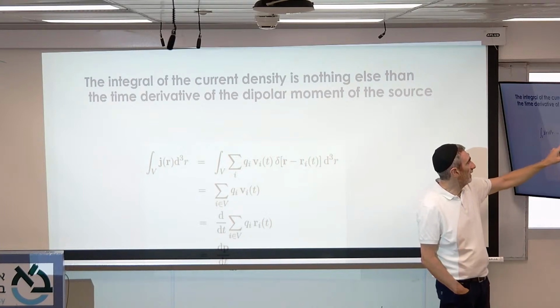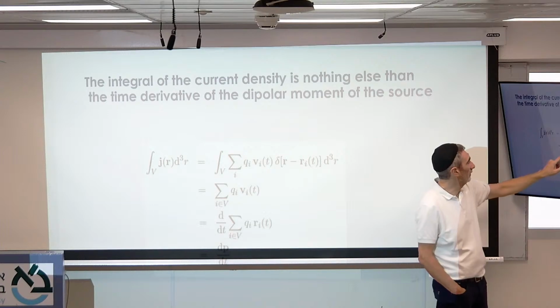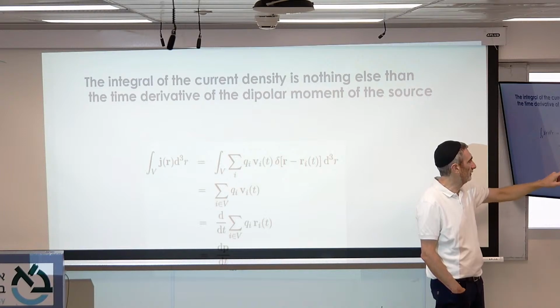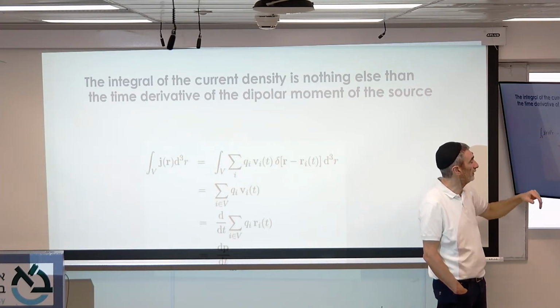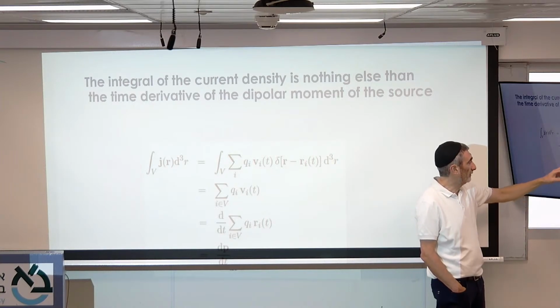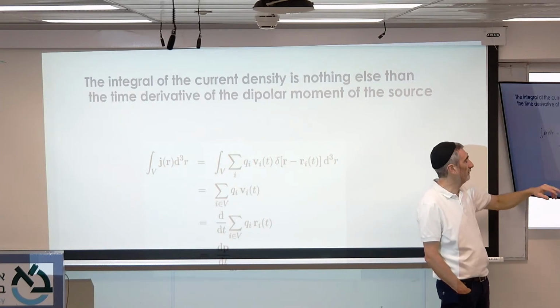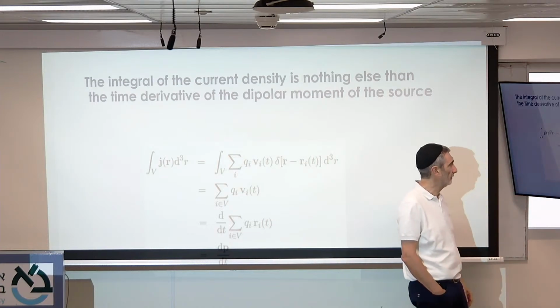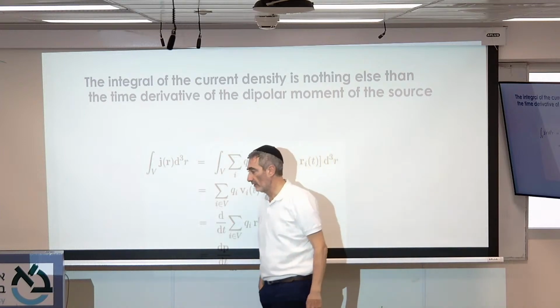So the integral actually reduces to the sum over all dipoles. q is the charge of the dipole times its velocity, and velocity is dr over dt. So that's by definition of the current. Actually, the current is the charge times the velocity. So that's the charge times the derivative of r, and qr is the dipole moment. So you get directly the relation.